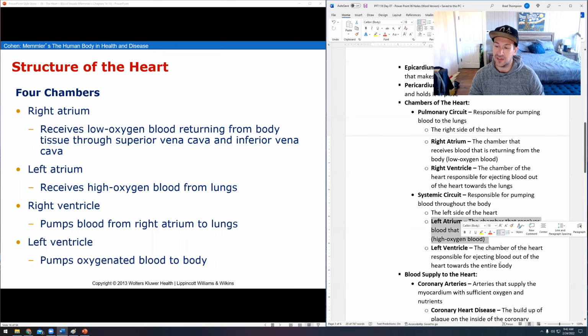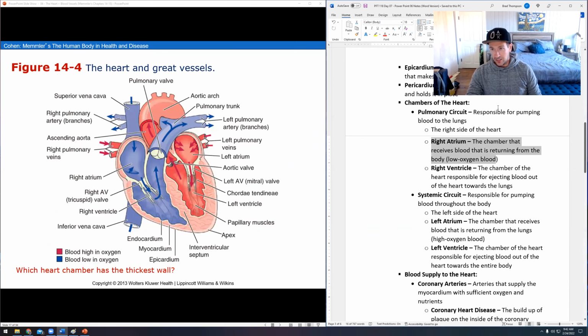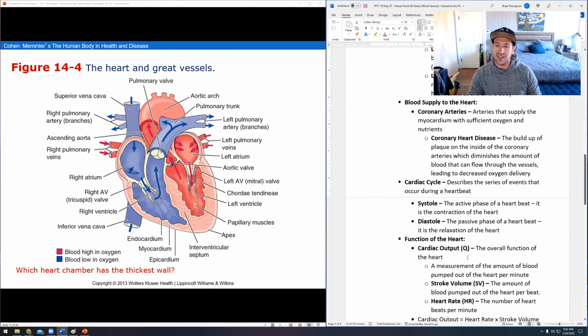It's attached to the left atrium, which is getting blood from the lungs, because if it's going to send blood throughout the body, it's going to be oxygenated, right? And then the right ventricle is sending blood towards the lungs, which means it must have just received low oxygenated blood from the right atrium. So I know it's a lot to memorize. That stuff's kind of a pain.